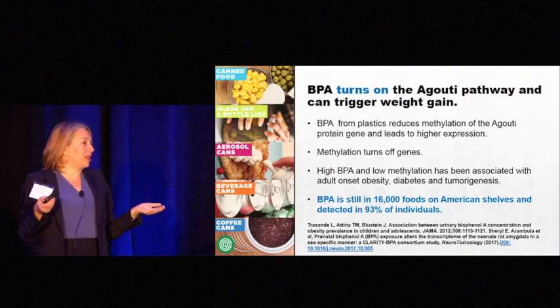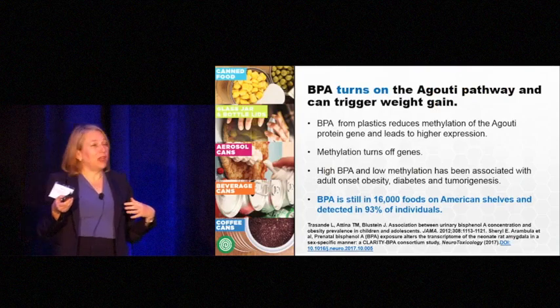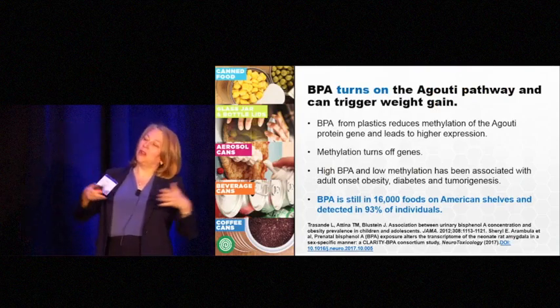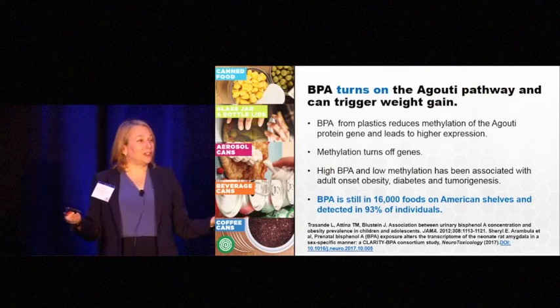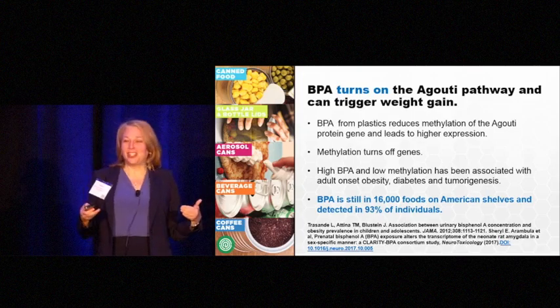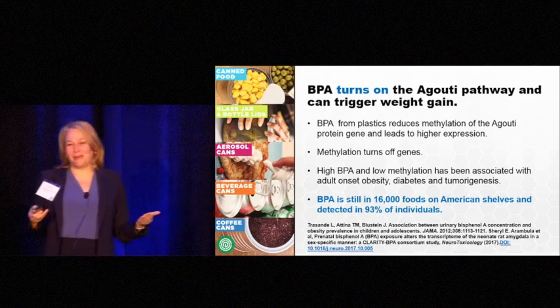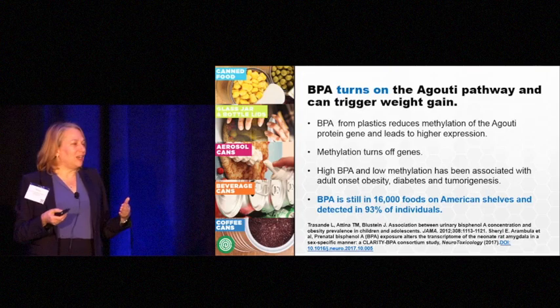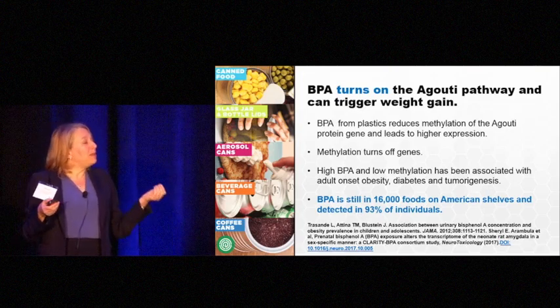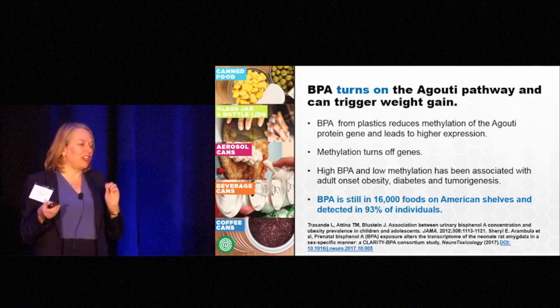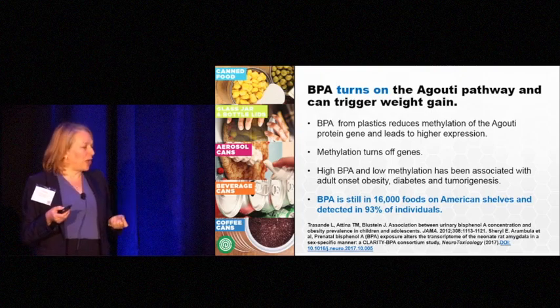What about our environment? I consider, because I'm not a PhD, so I go a little more liberal, I consider environmental effects on genes part of epigenetics, because we don't have a different word for it. I'm sure we'll invent one eventually. But BPA turns on the agouti pathway and can trigger weight gain.